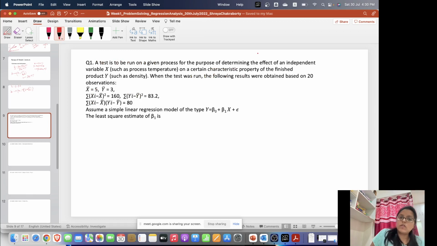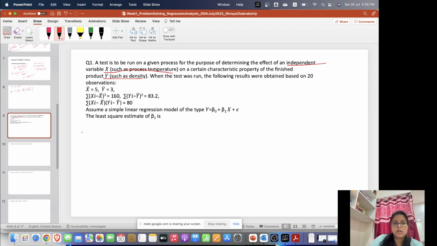Yeah. So we'll start by solving this problem. A test is to be run on a given process for the purpose of determining the effect of an independent variable x, which is process temperature, on a certain characteristic property of the product y. The test was run based on 20 observations.